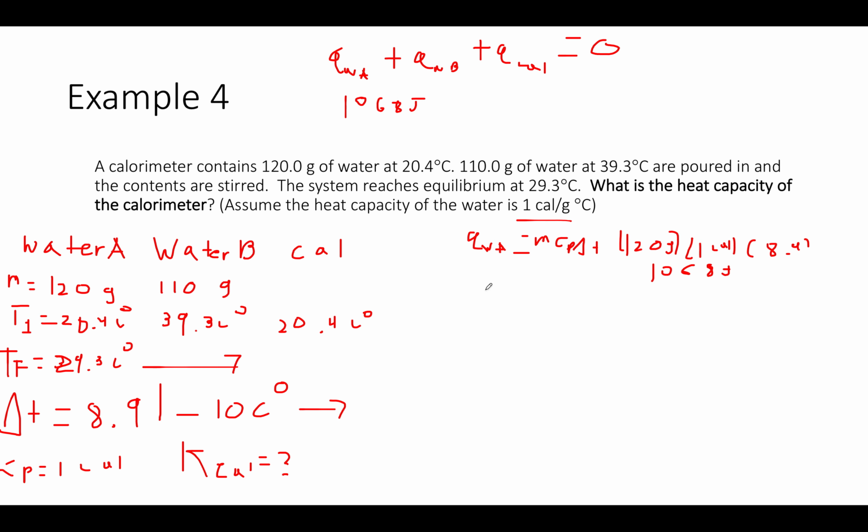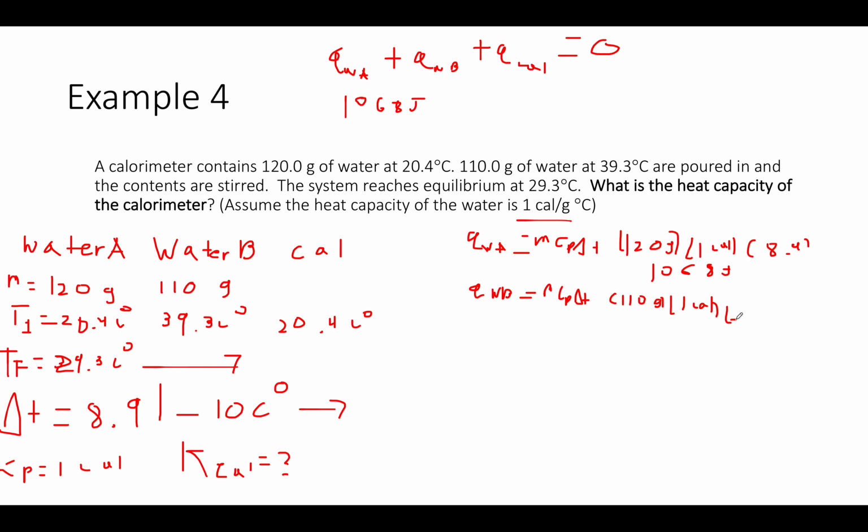Water B is going to have a negative heat because it has a negative delta T. mCp delta T. The mass, 110 grams. The specific heat, 1 calorie.